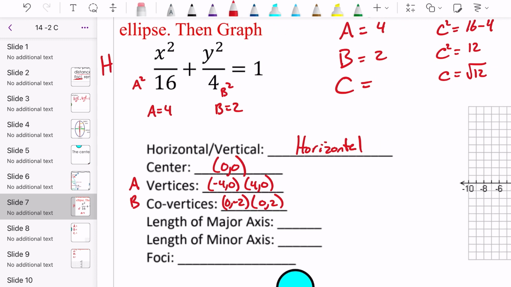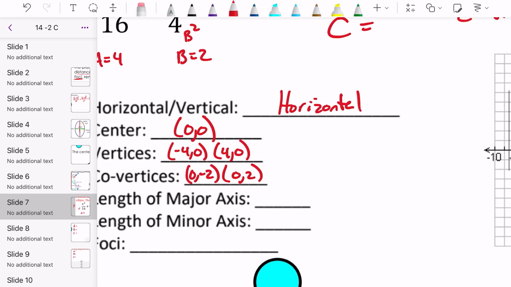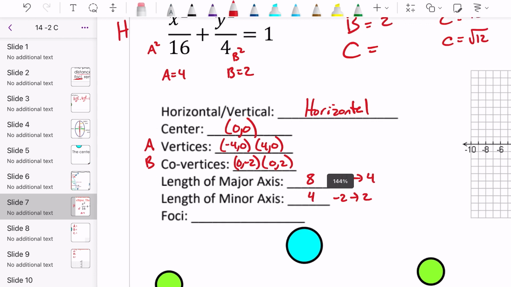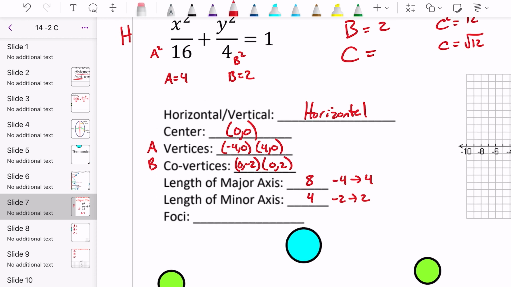Now the length of the major axis, remember that is your vertex. If we are going from -4 to positive 4, that is a distance of 8. And if we're going from -2 to positive 2, we would be looking at a distance of 4. Our foci are based off of the square root of 12.